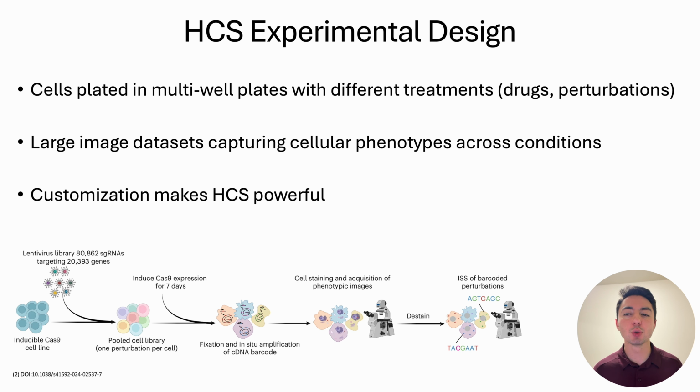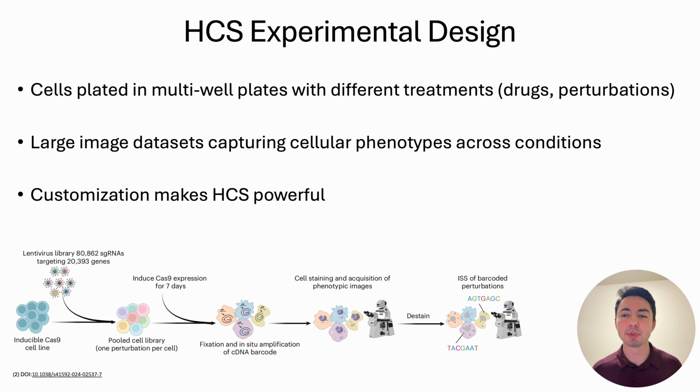What makes HCS really powerful, though, is its flexibility and potential for customization. In this example, researchers use a CRISPR library to generate knockouts, but what is truly unique here is that, for an HCS experiment, what is not very common is that here they generate cell libraries where each cell has a unique perturbation, and these cells are pooled together before phenotypic images are acquired, showing how there is flexibility in the workflow, and that is without going into the options for labeling and imaging.